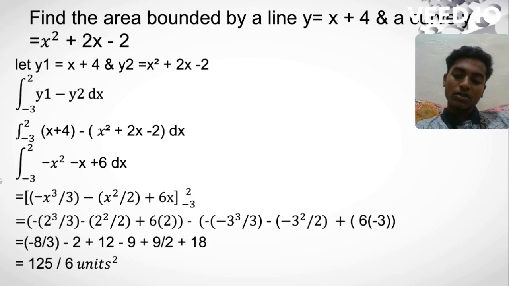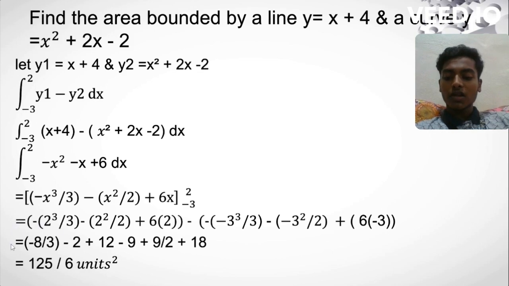So we substitute the value of x with the upper limit and subtract using the lower limit. We get negative 2 cubed over 3 minus 2 squared over 2 plus 6 times 2, minus negative 3 cubed over 3 minus negative 3 squared over 2 plus 6 times negative 3.